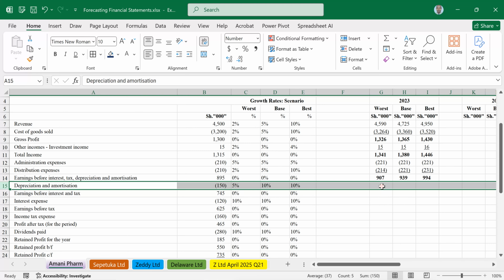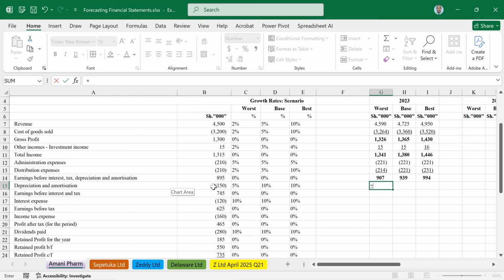Depreciation and amortization, so equal sign. Click on the 150, lock, times, open bracket, 1 plus, click on the 5% and close bracket, enter. Then drag across.